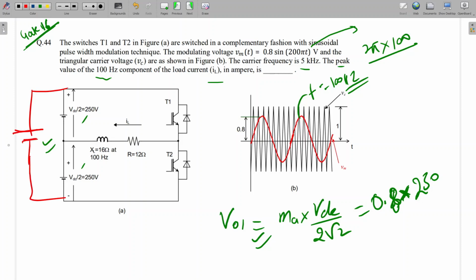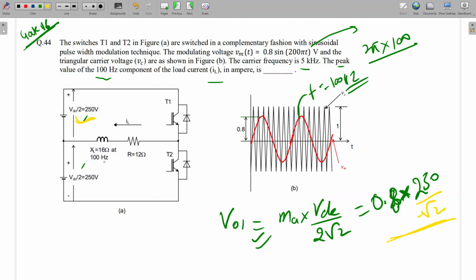If this is VDC and capacitors are given, then it will be VDC by 2, VDC by 2. But here if some voltage is given, then that only will be the VDC by 2. So MA into VDC by 2, which is already there, divided by root 2. How much will this value be?